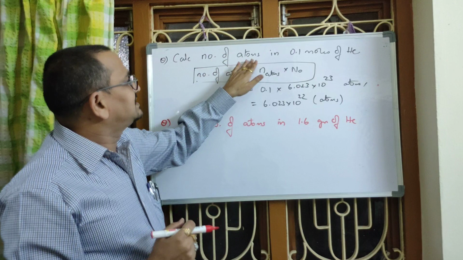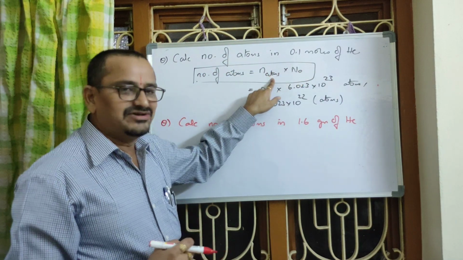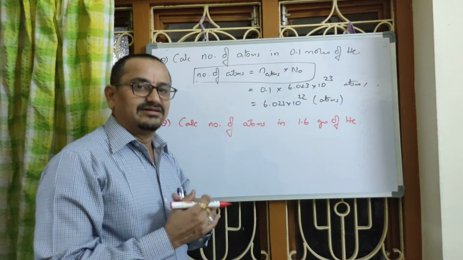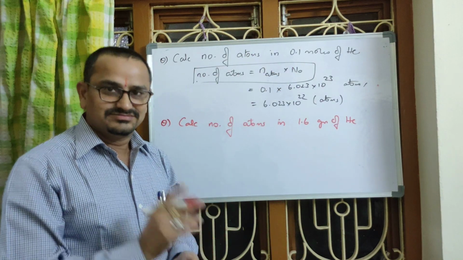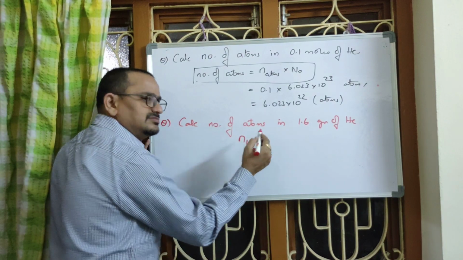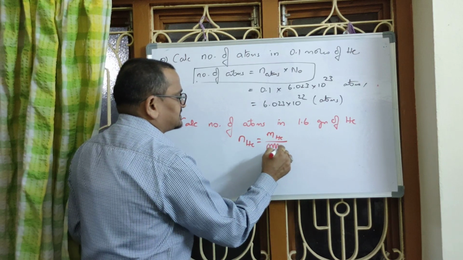Here number of atoms is asked by giving number of moles directly, whose value is substituted. But in this question, number of moles value is not supplied. We have to find that also. Got the difference? How do we calculate number of moles of helium? In general, mass of substance by molar mass of substance.